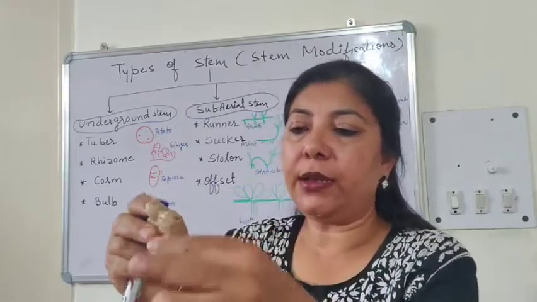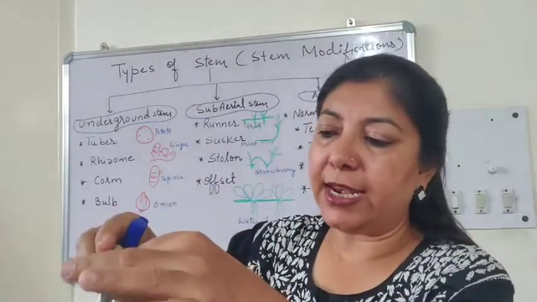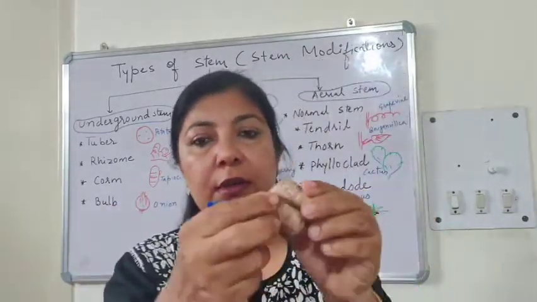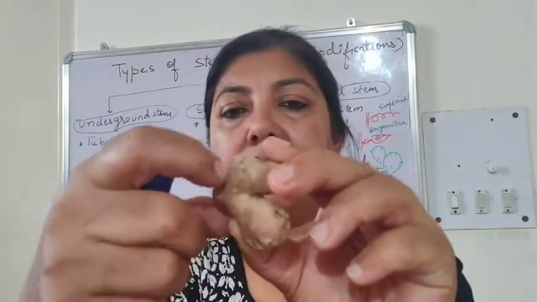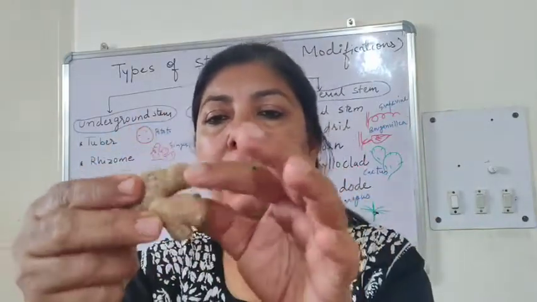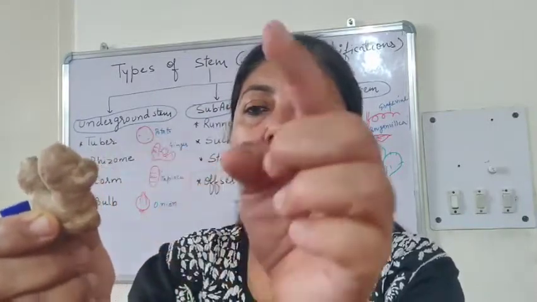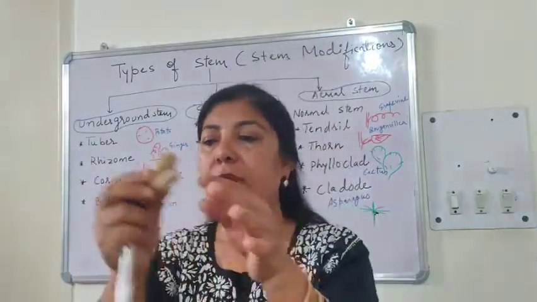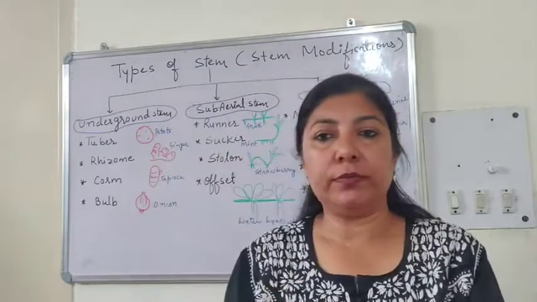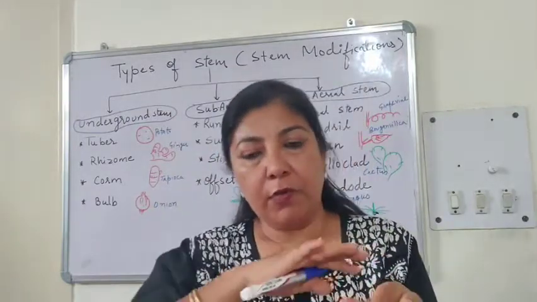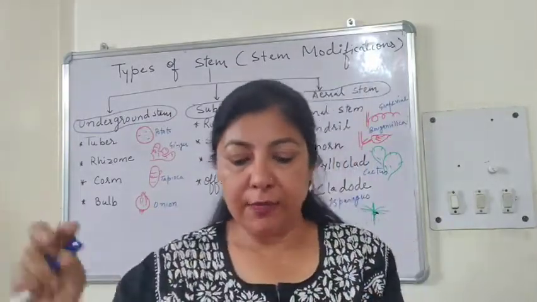It has got nodes and internodes. It also has got scaly leaves. You can just scrape off the structure which is the leaf. And it has got buds. These are buds which will grow into more branches. So this is rhizome. It is an underground stem which grows horizontally.